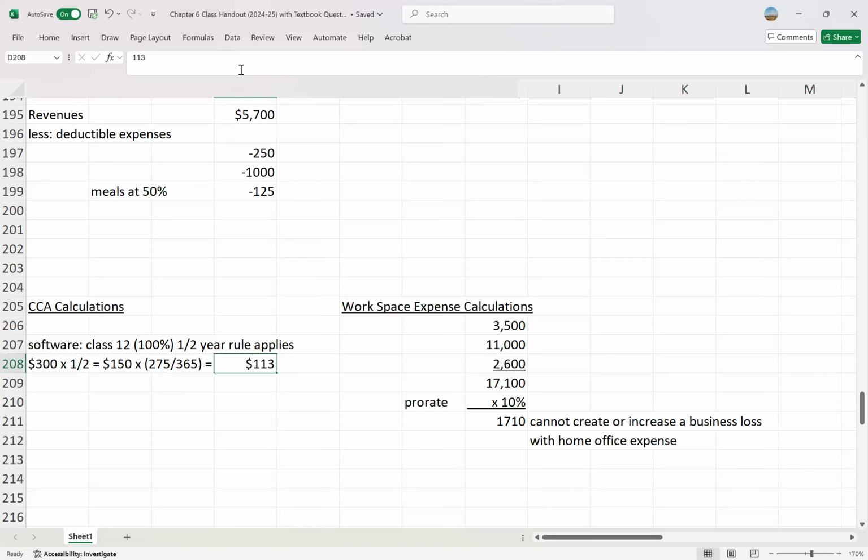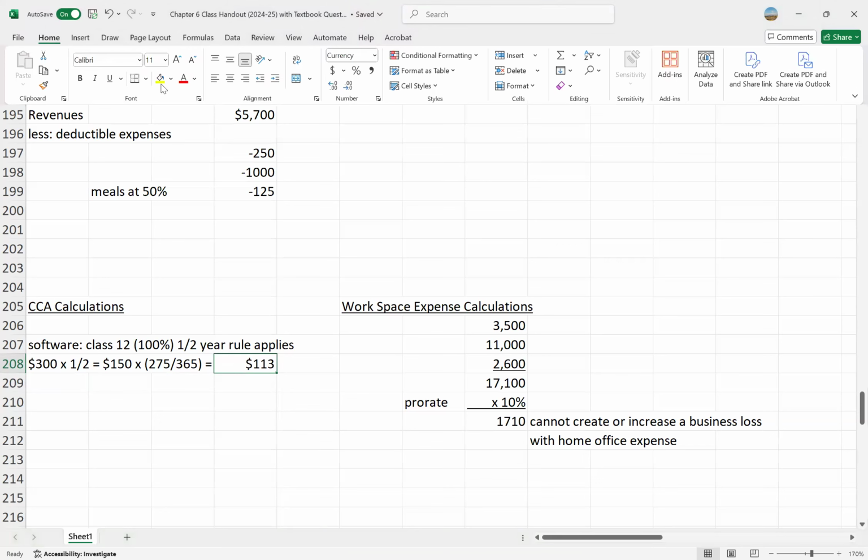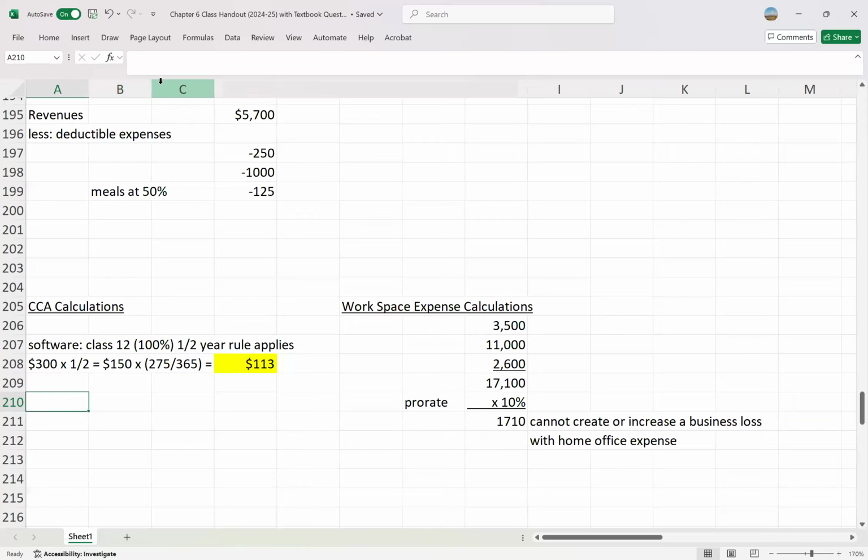Once again, I'm just going to highlight that so we don't forget it. And then the piano and bench, once again, that's going to go into class 8. That's 20%. And once again, let's just do the calculation. We know that the price was 5,000. We multiply that by 20%. That's going to give us $1,000 evenly. And then we have to multiply that by 275 over 365.